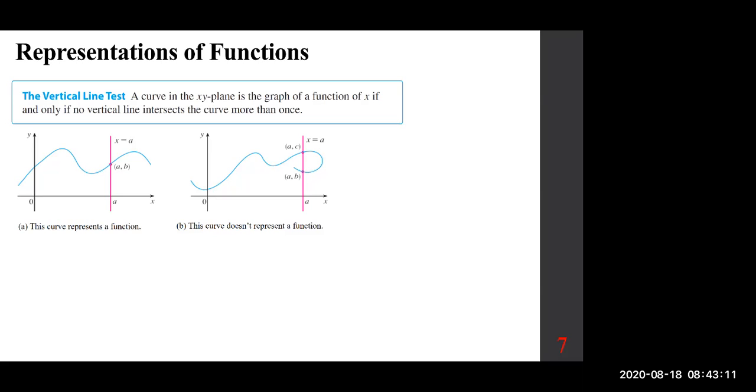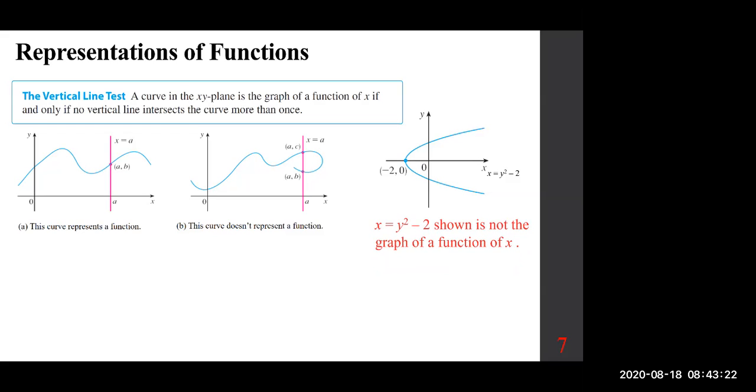And as you can see, the first one is, the second one isn't. Okay. Now, does this represent a function? Obviously, the answer is not, because those 2 points, okay, have the same x coordinates as an example.